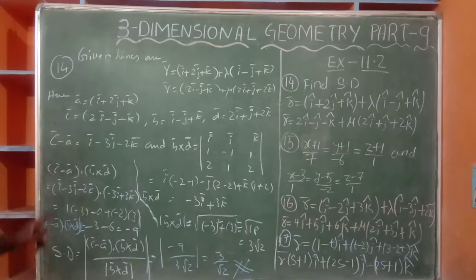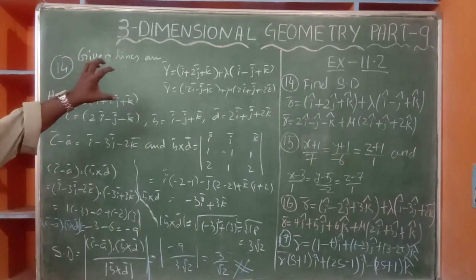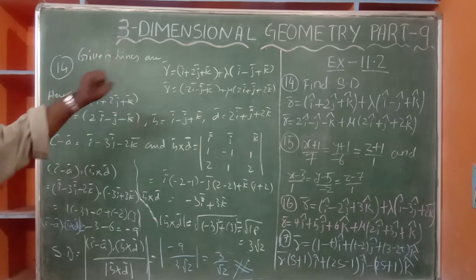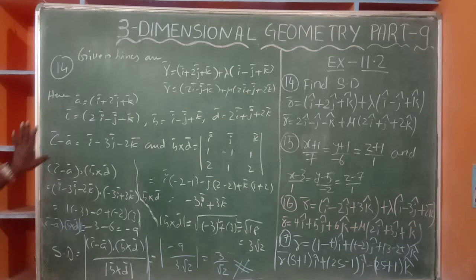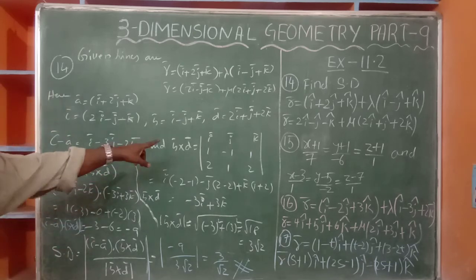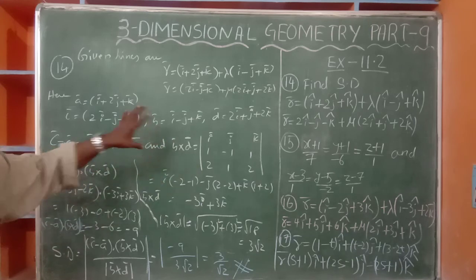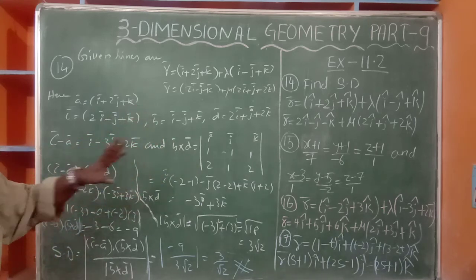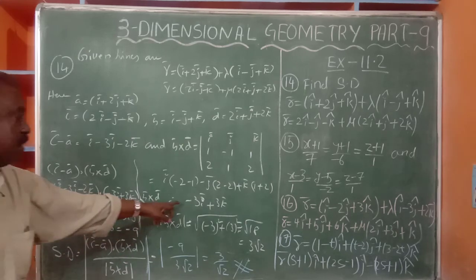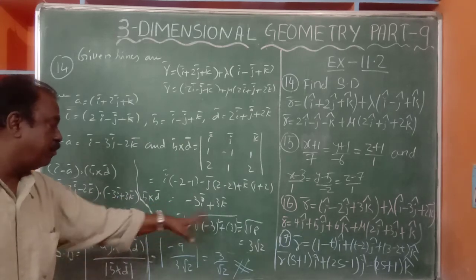Now you observe it, very clearly it is given. From the vector equation of lines, we have to separate A bar, C bar, B bar, D bar. First you find C bar minus A bar, which is a vector. Then B bar cross D bar by using the determinant, the concept of cross product, is a vector, and find its magnitude.